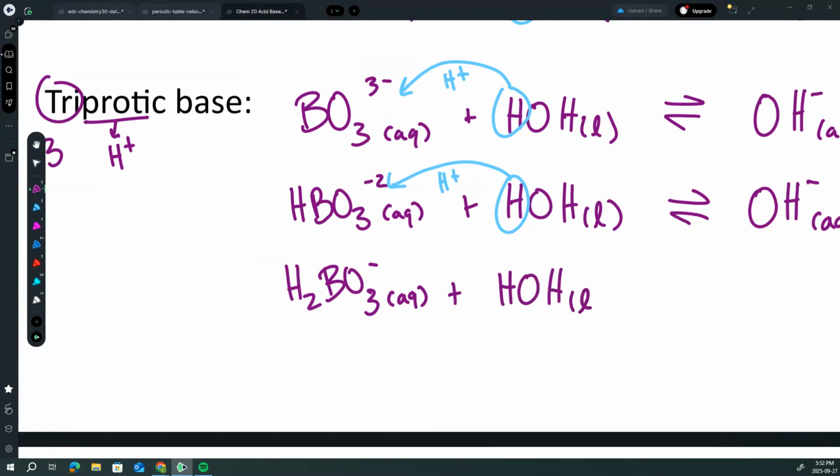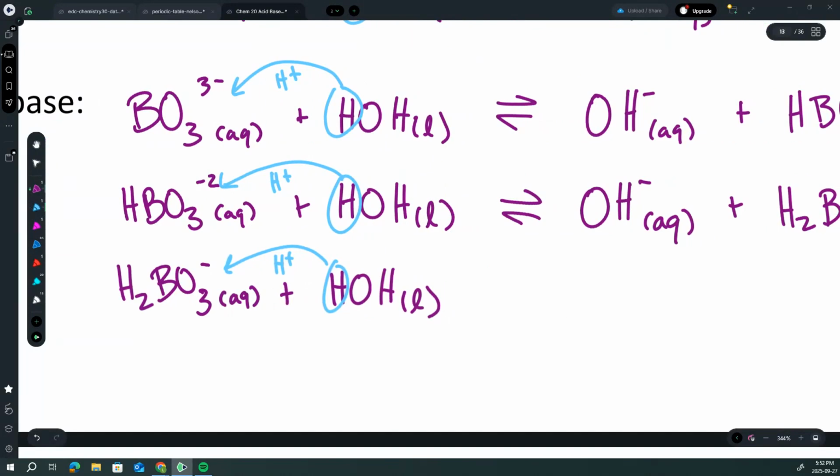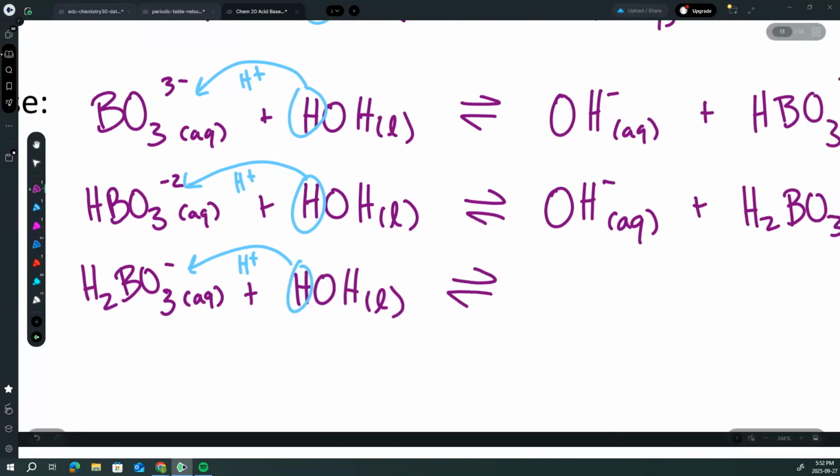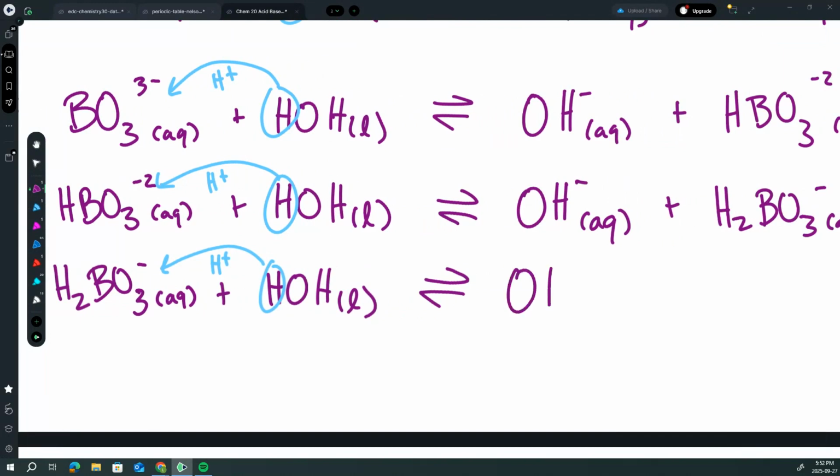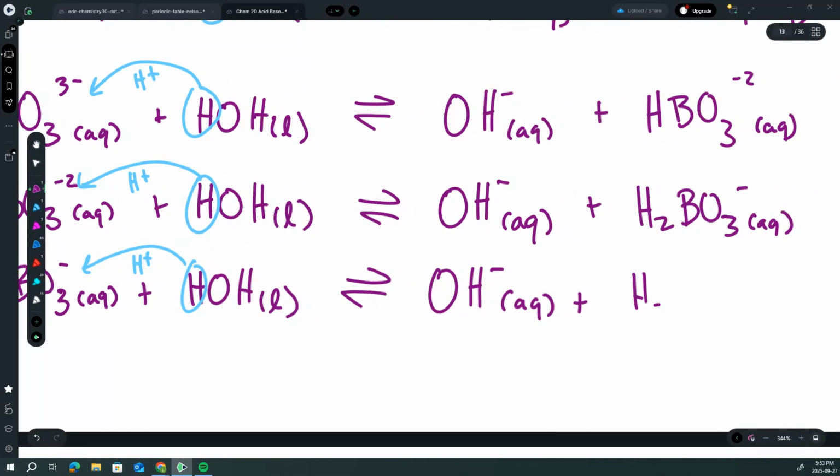So plus water, still transferring only one proton. So weak base, so double-headed arrows, produces hydroxide plus H3BO3, aqueous, and now it has a neutral charge, and that's your clue that you're done.